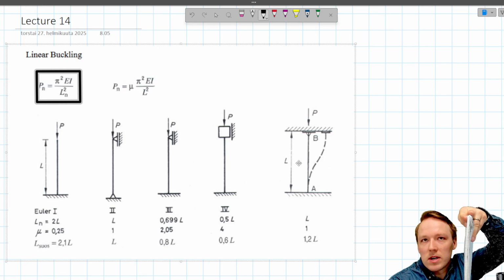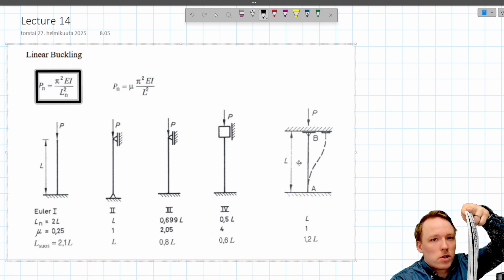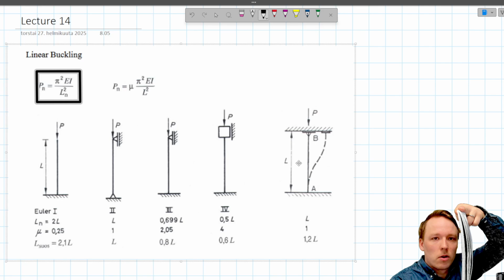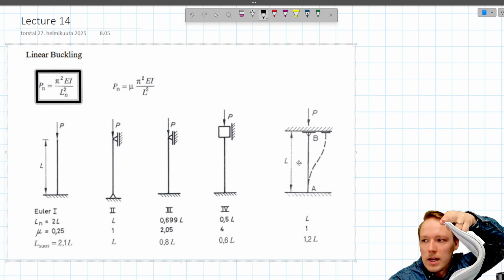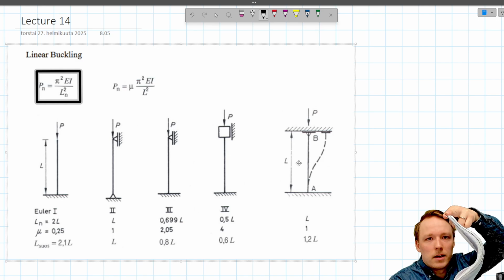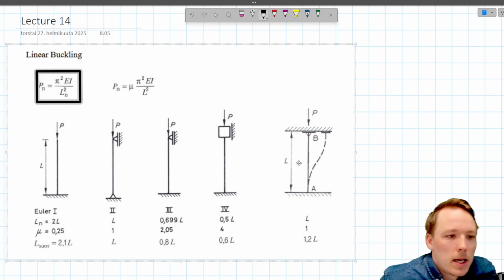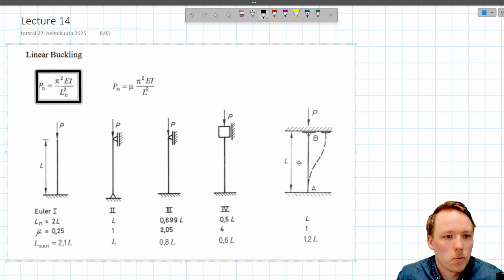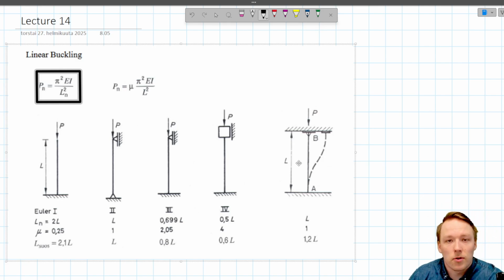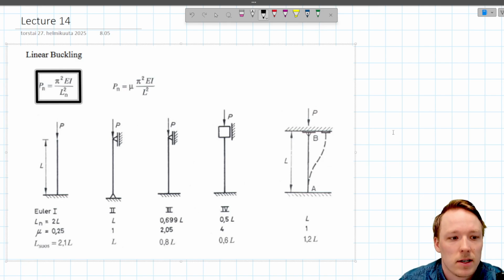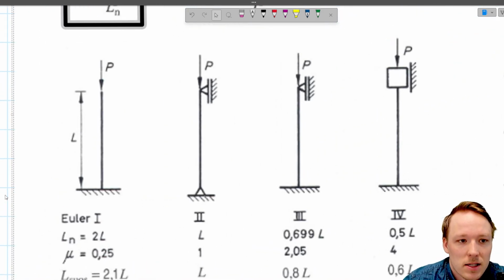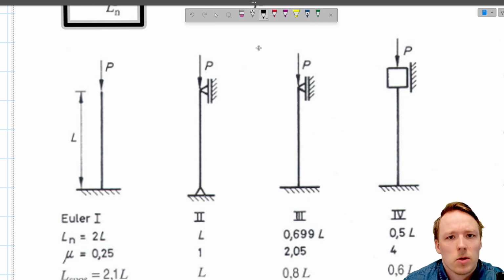The compressive strength of the material is very high compared to the buckling strength of the structure. So when I start applying load here on the notebook, at some point it will buckle like here. Depending on the support of the structure, we get different shapes for buckling, and also different strengths against the buckling.